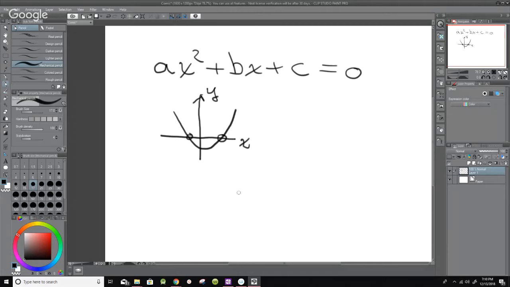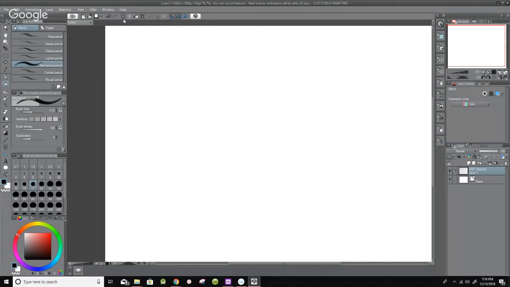So what I'd like to do is go through a couple of the ways you can solve an equation or find the roots, however you want to phrase it. Let me clear the page real quick. Let's go through a couple of ways you can do it.